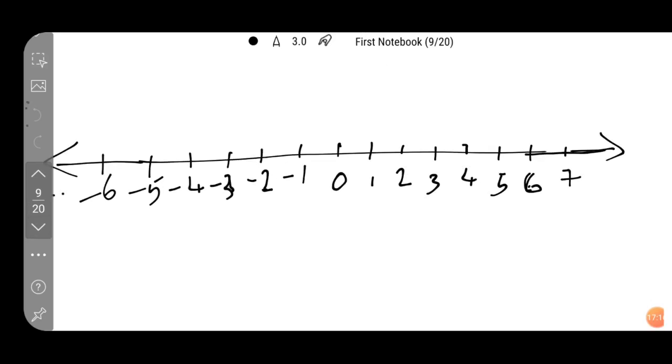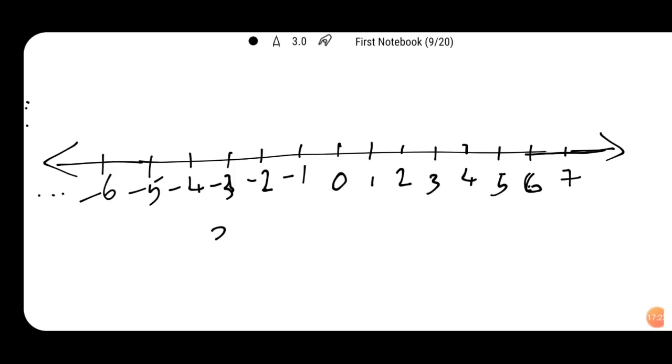Now let's see if one is positive and the other one is negative. 3 minus negative 2. Again, we will start from 3, and as I said, in the last case it was a positive number, so we moved towards the left of the number line.